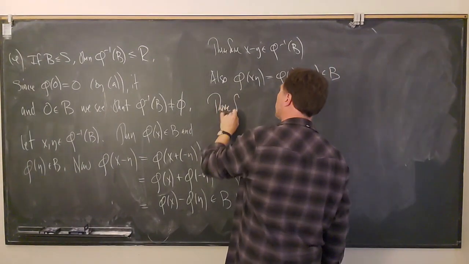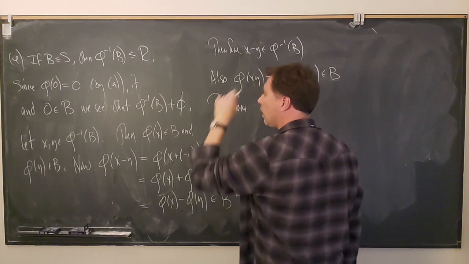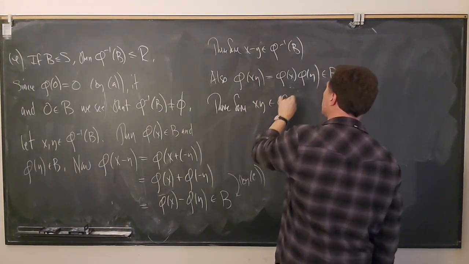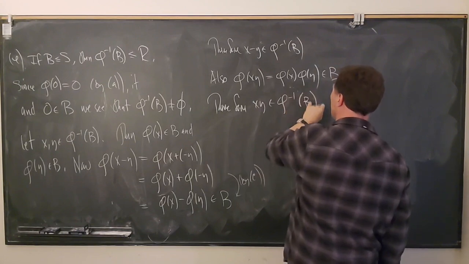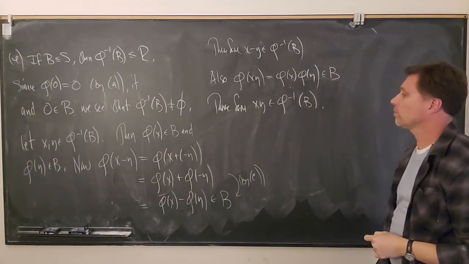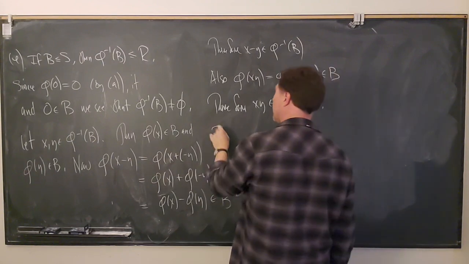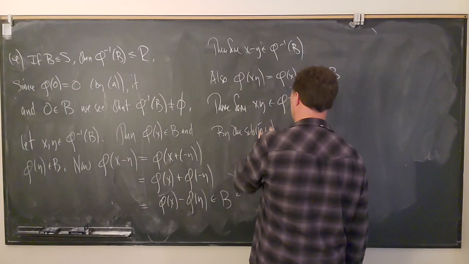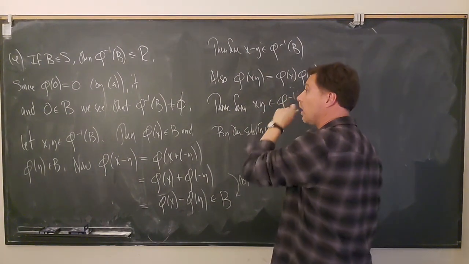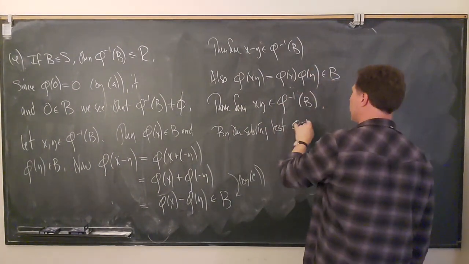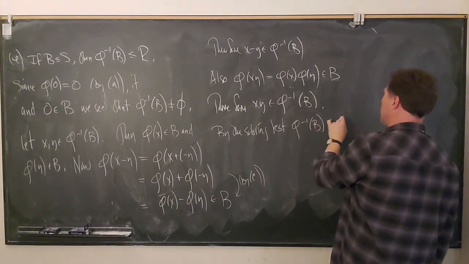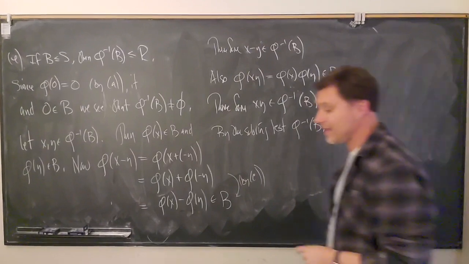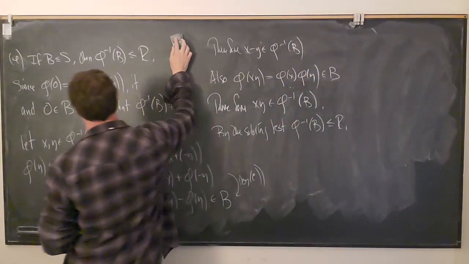Therefore, xy is an element of the inverse image of B. So by the subring test, phi inverse of B is a subring of R. So that completes the proof of part E, and then let's also look at part F.